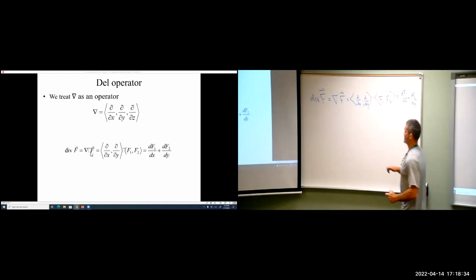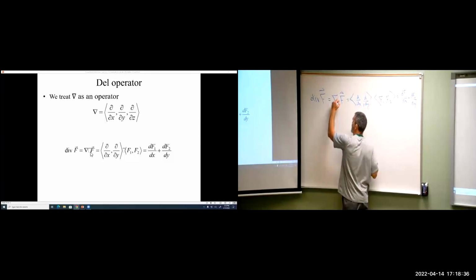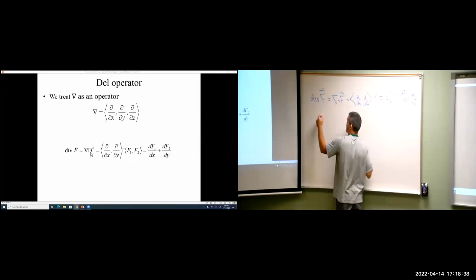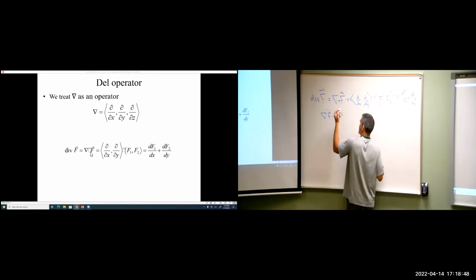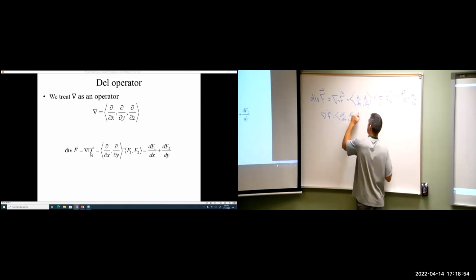Now this was dot product, so that dot is in there for a specific reason, but when we do a gradient of some function, think about what we do, right? We do df/dx, df/dy, df/dz.